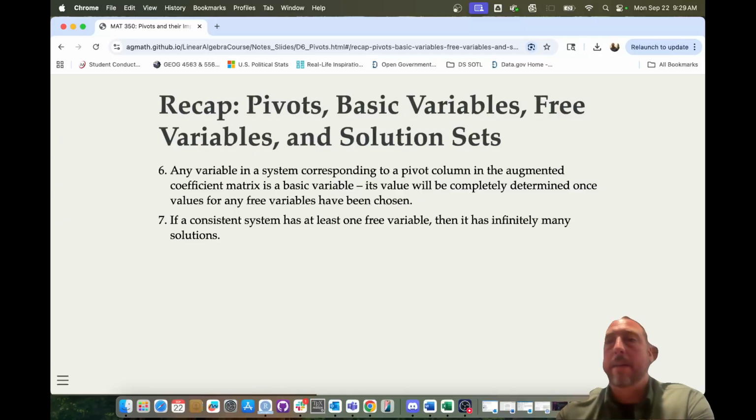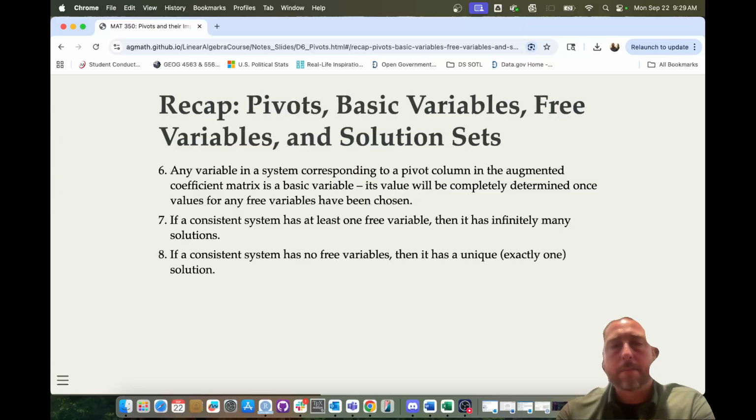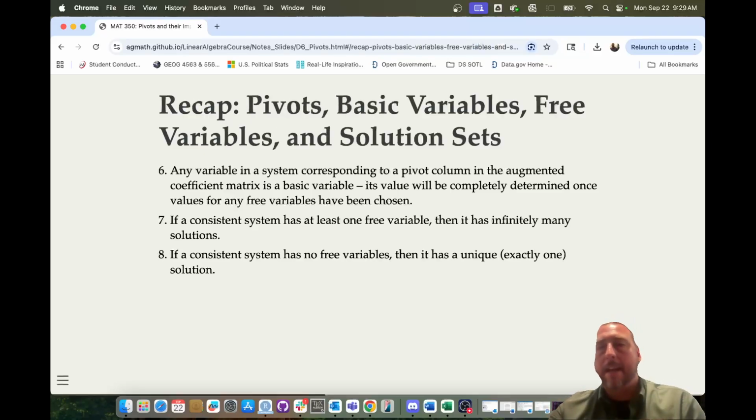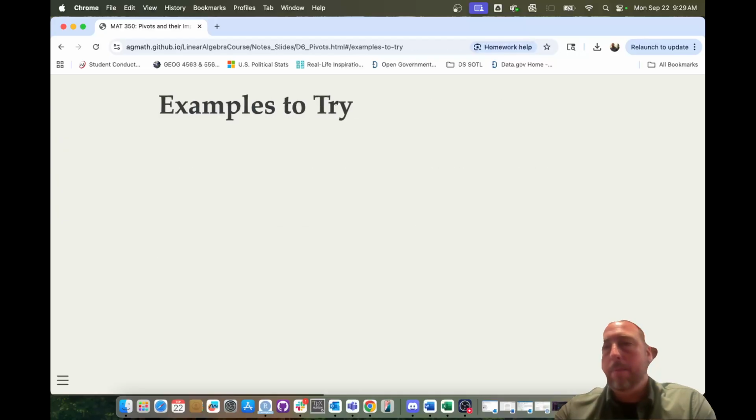I can allow that variable to take on any value I like, and because that variable can take on any value, there are automatically infinitely many solutions to your system. And then if a system has no free variables, then it has exactly one unique solution. So it's completely determined.